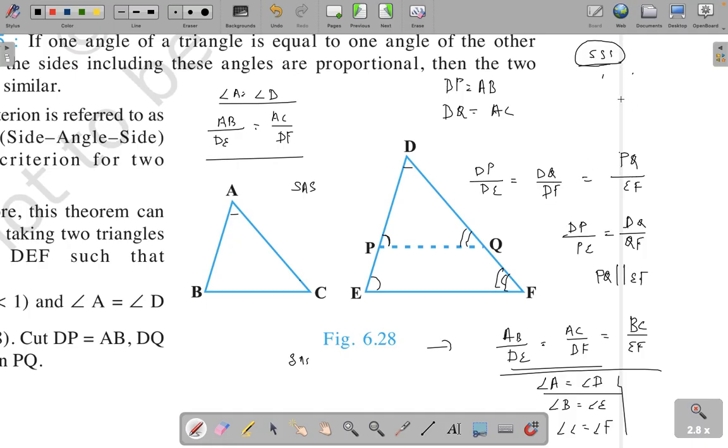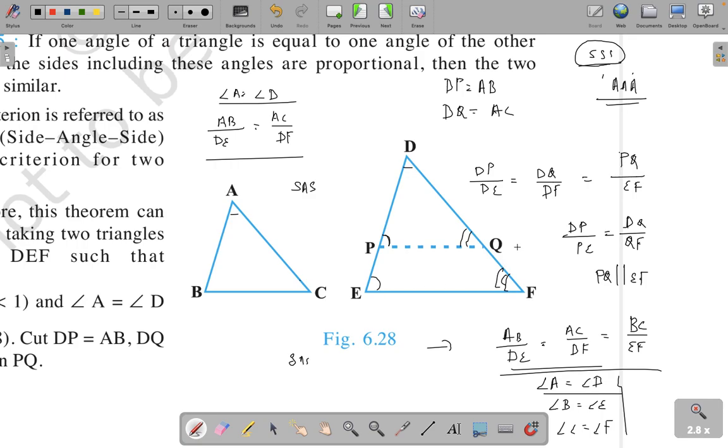Do you know about AAA criteria of congruency? It doesn't exist. Why? Because if three angles are the same, then it is possible that the sides are not the same. So if three angles are equal, then the triangles may be congruent, but they are always similar, right?